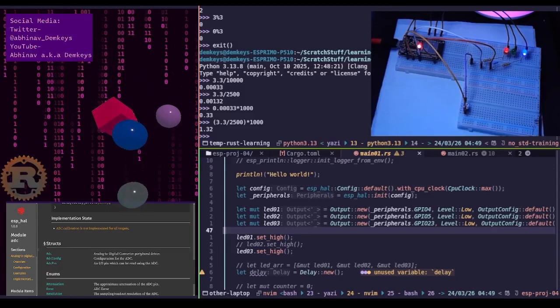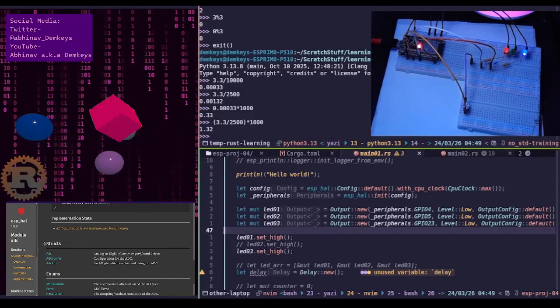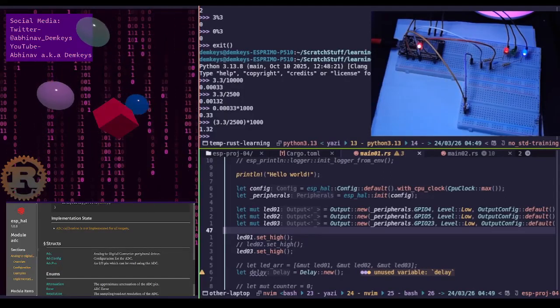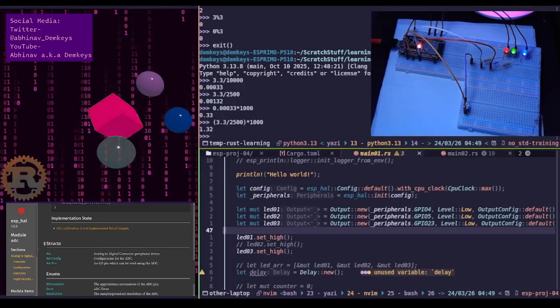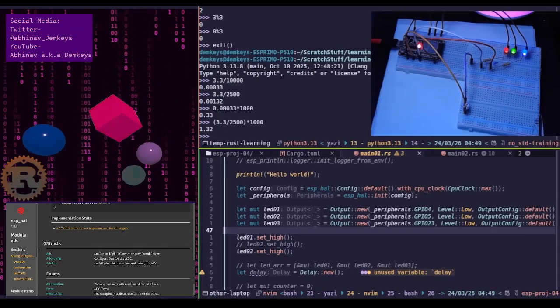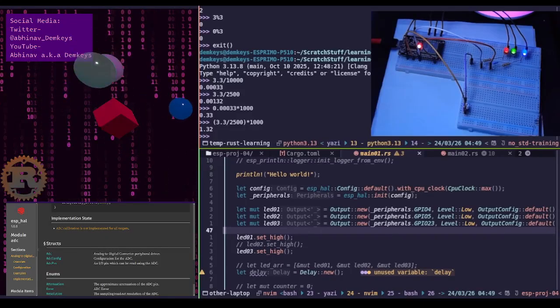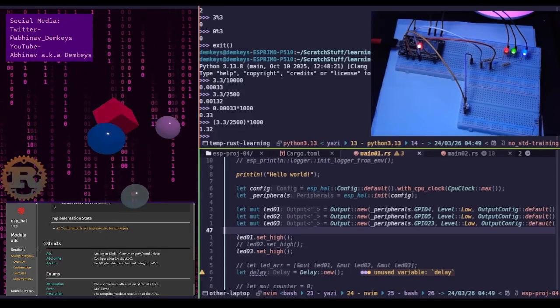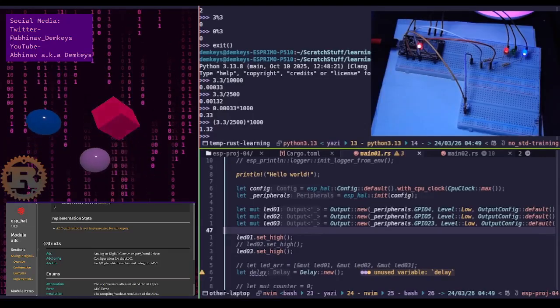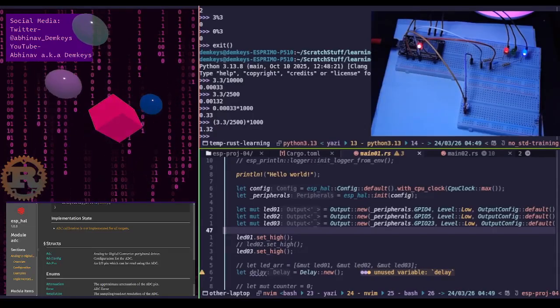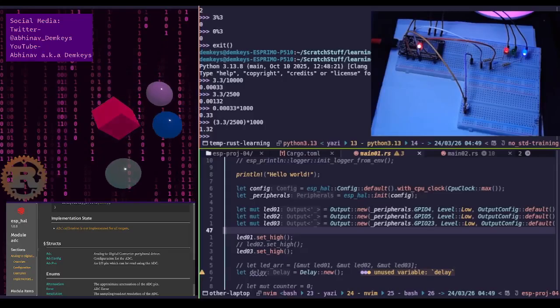Hey, so I'm confused about how there's no heating up or frying happening here when there's nothing consuming this voltage slash current.